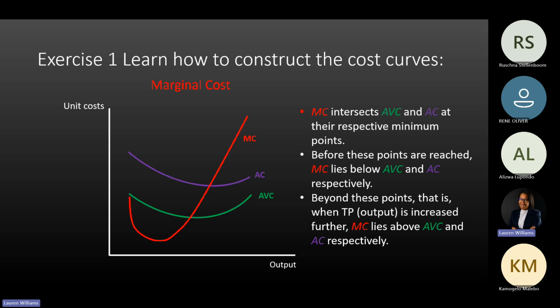We understand that your average variable cost plus your average fixed cost make up your average cost curve. But in terms of the relationship, we say that your marginal cost curve will always cut all of your cost curves at their lowest point. Okay, so at their minimum point.